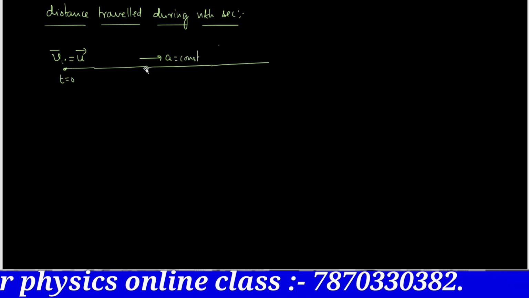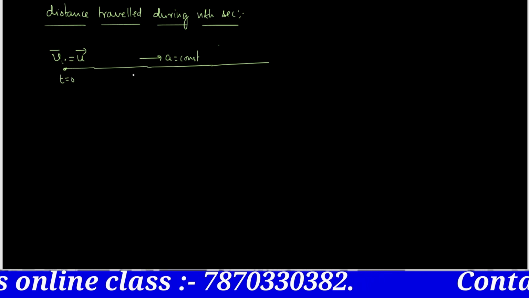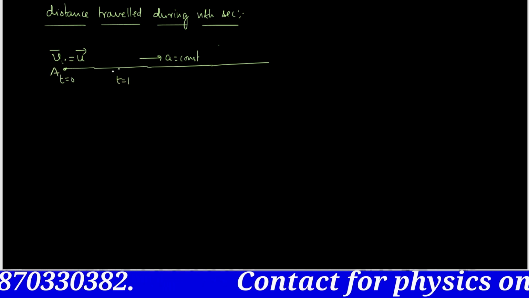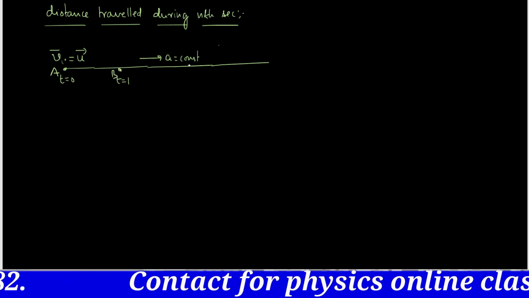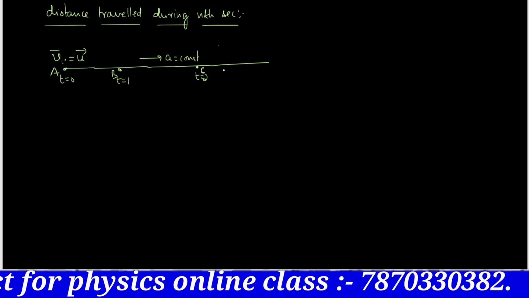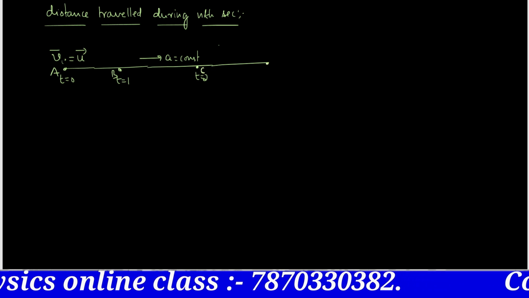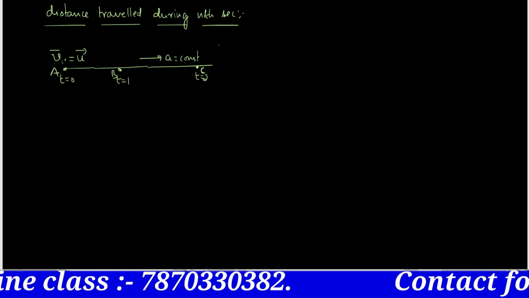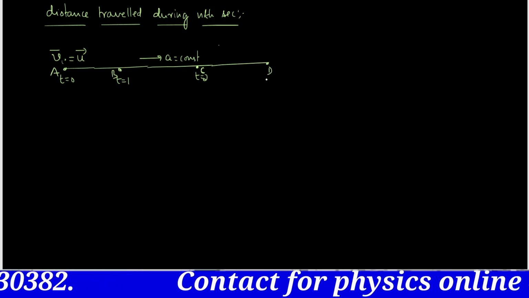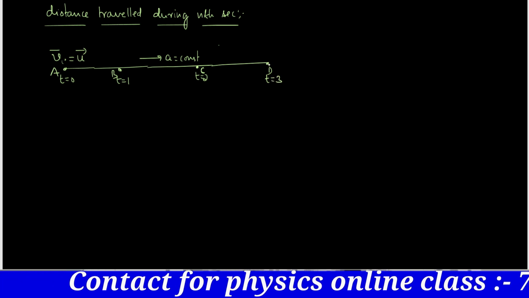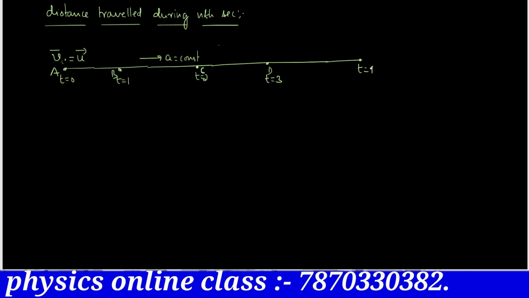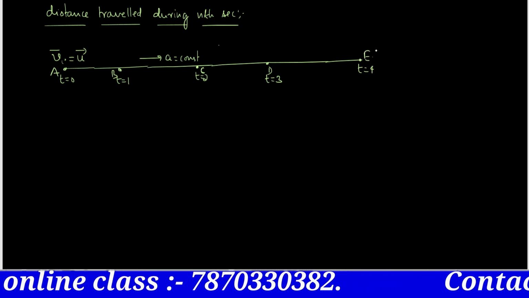Motion should be along a straight line, and here suppose t equals to 1, this point is A, suppose this point is B, here t equal to 2, say this point is C, here suppose this point is D, and this is t equal to 3, and here suppose t equal to 4 and this point is E.